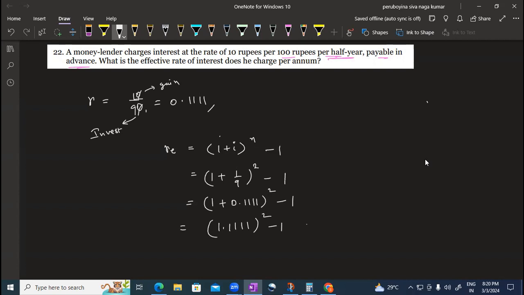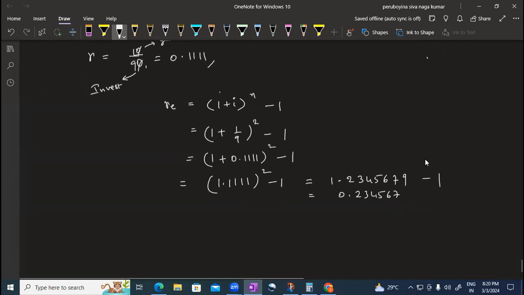So this is very easy. This will be 1.2345678, and I want to adjust this so that it makes it 9. And then minus 1. So it will be 0.234567 and so on. Only that many numbers are coming, so you can reduce them.